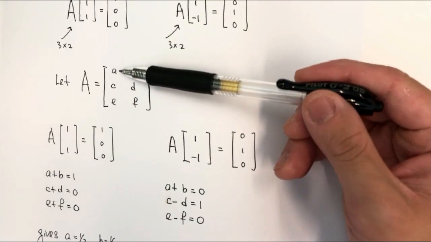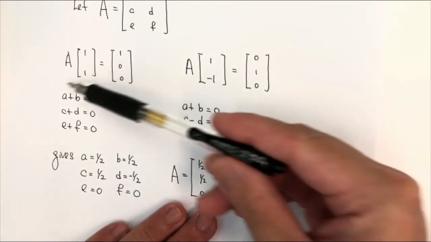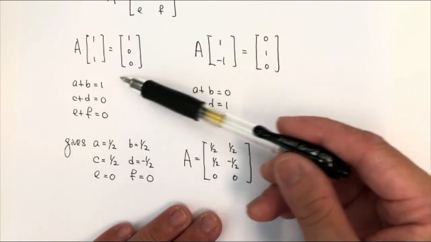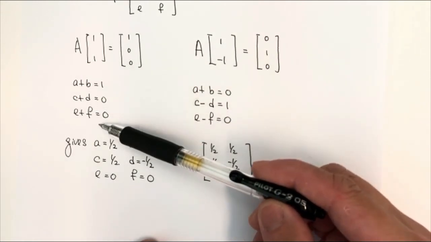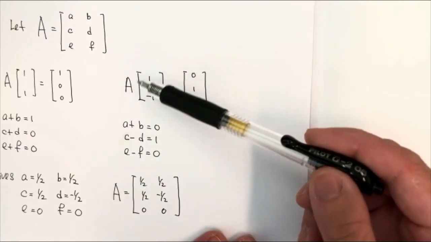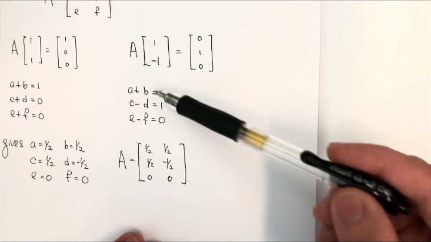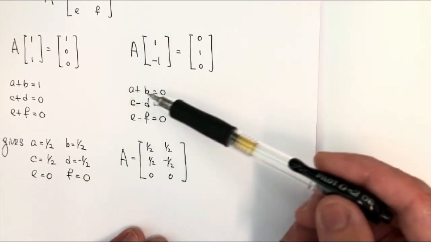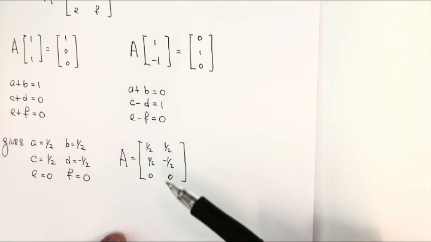So we have to figure out the elements a, b, c, d, e, f. Suppose we let A be the matrix with rows (a, b), (c, d), (e, f). Then A taking (1, 1) to (1, 0, 0) gives us the system of equations a + b = 1, c + d = 0, e + f = 0. Similarly, A taking (1, -1) to (0, 1, 0) gives the system a - b = 0, c - d = 1, and e - f = 0.